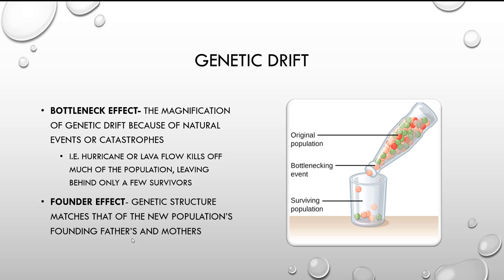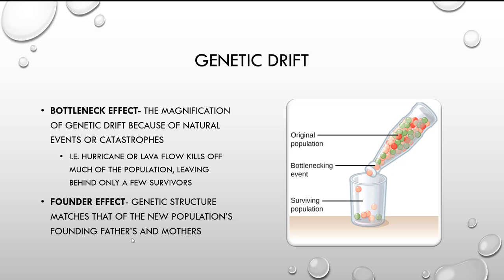The founding fathers and mothers of that Dutch colony happened to have Huntington's disease in their background, and since they were the founders, their gene pool had a higher rate of that than back in the Netherlands, where it's a relatively rare disease.